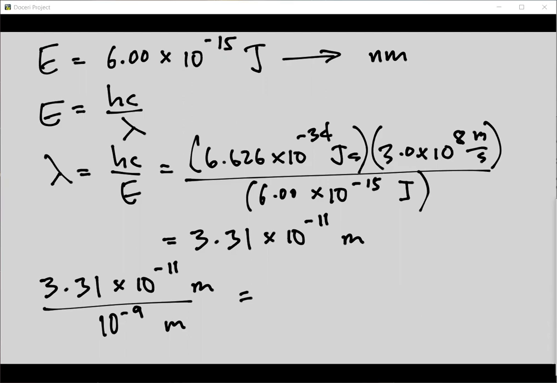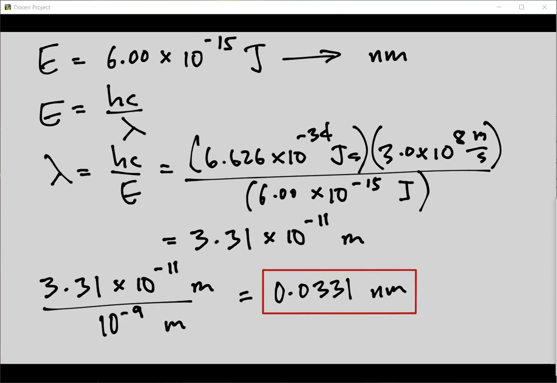Okay, so 3.31 divided by 10 to the negative 9, and that is 0.0331 nanometer. All right, so that's how you convert energy to wavelength, and also frequency to wavelength.